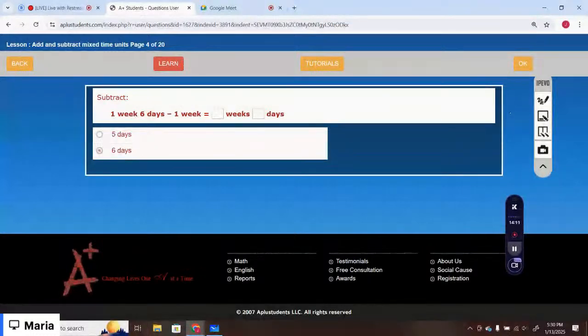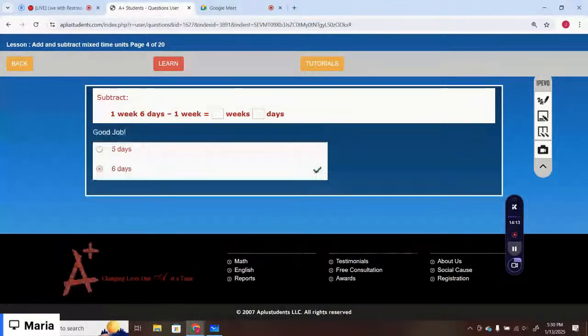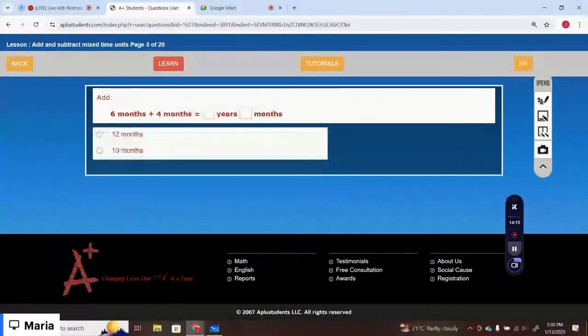Option number 2 is the correct option. 6 months plus 4 months, which is the correct option?